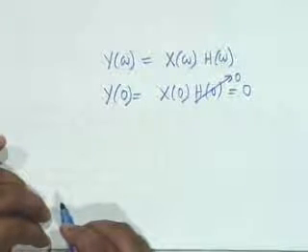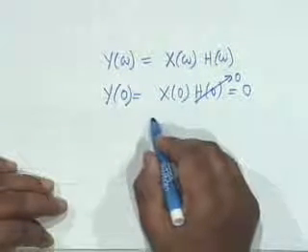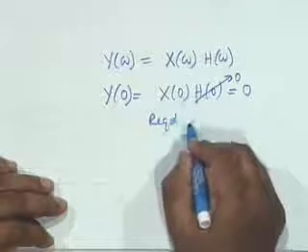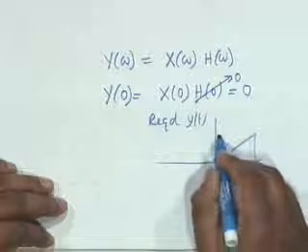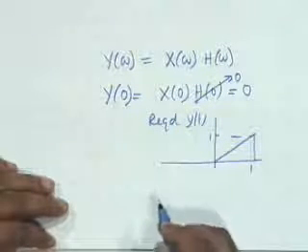Y of 0 is X of 0 times H of 0. Now what is H of 0? 0, and therefore this is equal to 0. Now the required y(t) is this, with values 1, 1.